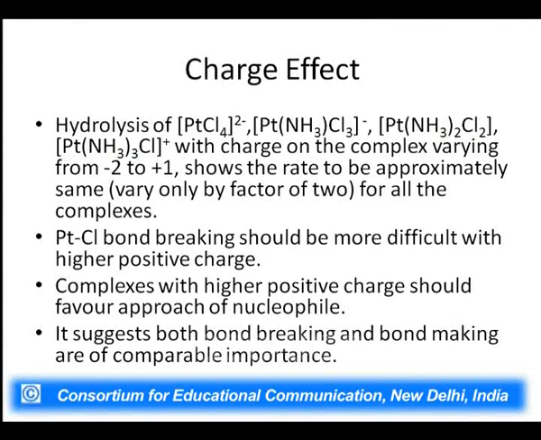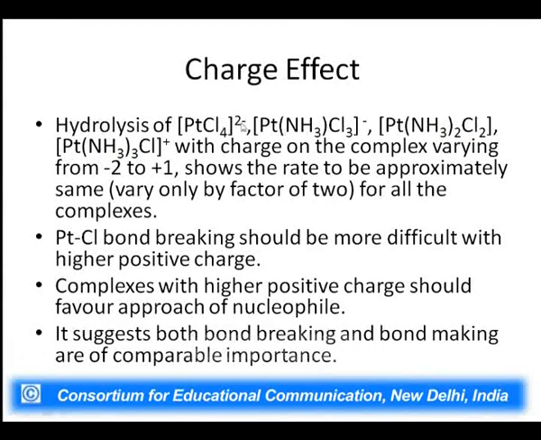If we consider complexes of platinum, in this case we have tetrachloroplatinate with 2 minus charge. When one chlorine is replaced by ammonia, we obtain amminetrichloroplatinum, with 1 negative charge. When 2 chlorines are replaced by ammonia, we get platinum diammine dichloro, and triammine chloroplatinum complex.